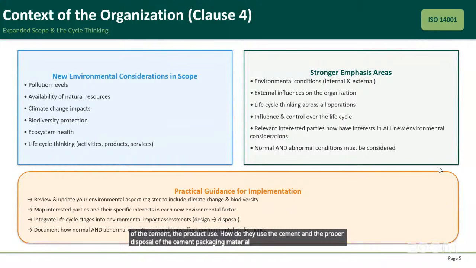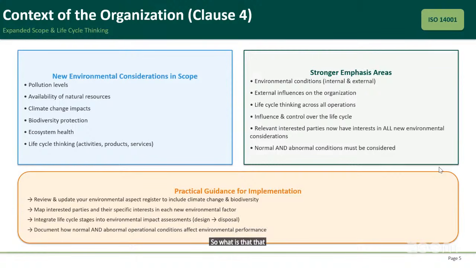Then, for example, in the limestone extraction, we talk about land degradation and the dust that comes from it. For the raw material transportation, we talk about fuel emission. For the manufacturing, we talk about air quality, air emission, energy use. These are environmental considerations. So what the standard is saying is that for every one of your stages, you must ensure that you are considering the life cycle perspective.